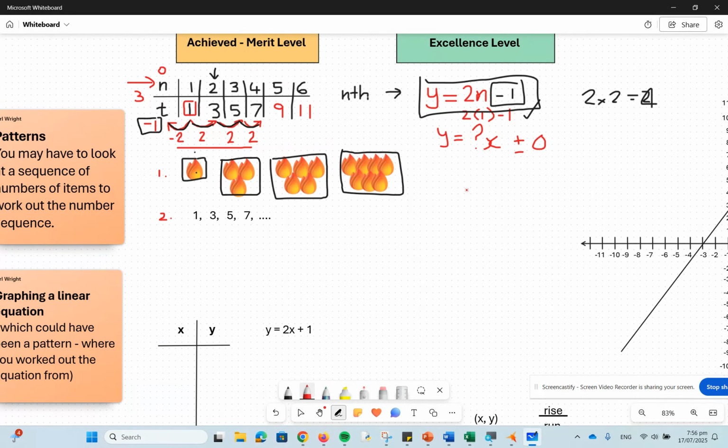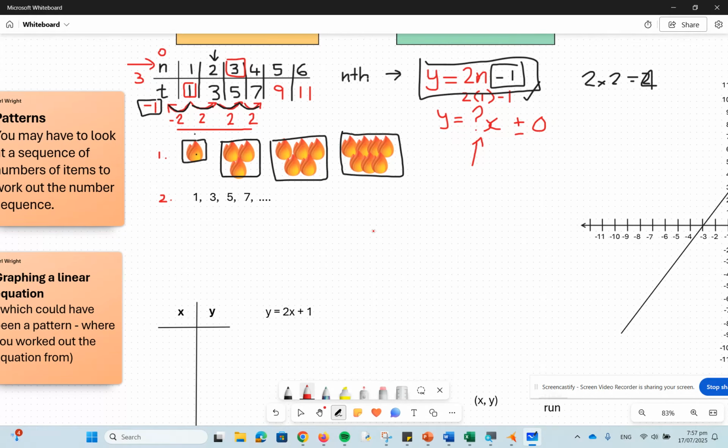That's getting a number pattern, finding the difference between the numbers, and that tells you what goes in front of the x, and then either working backwards to 0 to find out what that number is on the bottom, and that tells you what's on the end, or substituting in one of the values and then working out how to get the number underneath.